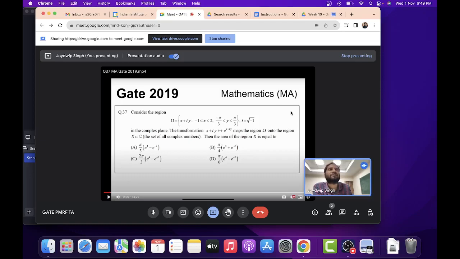So just multiply by e to the power x. Write e to the power u equals e to the power x cos y and v equals e to the power x sin y, and find v and u, then you will get it.